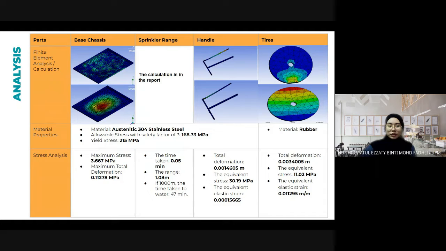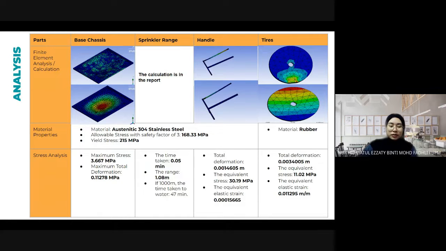So there are 4 important parts that will be analyzed to make sure our design can be used safely. So the first one is the base chassis. So the material used is the Austenitic 304 stainless steel, with allowable stress of safety factor 3, and also the yield stress here.